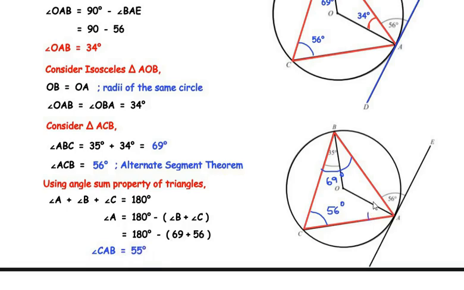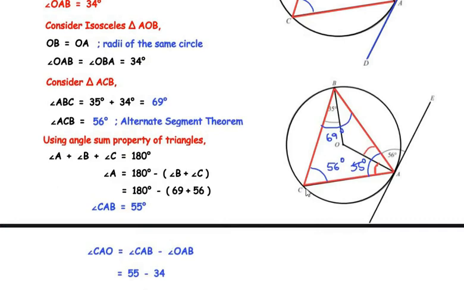Now once we have found the value of angle A as 55 degrees, it becomes easy for us to find out the value of angle CAO, that is this small angle over here. Now since we have got this angle, that is OAB, as 34 degrees over here, as you can see, we are going to just subtract this 34 degrees from 55, giving us the value of angle CAO.